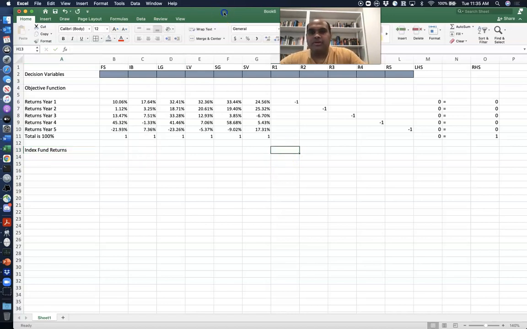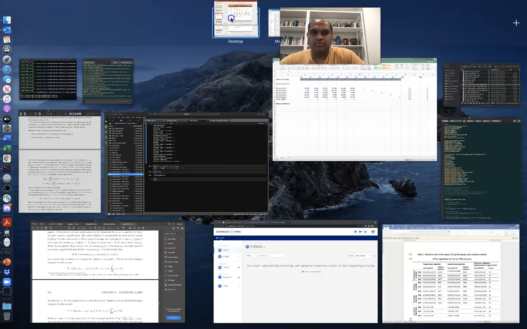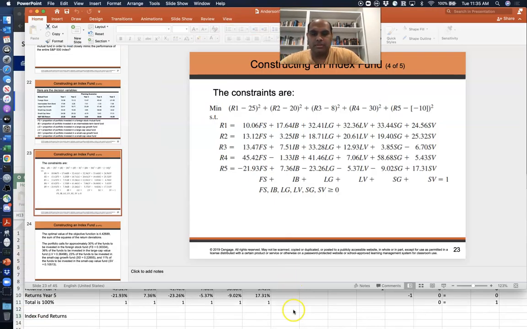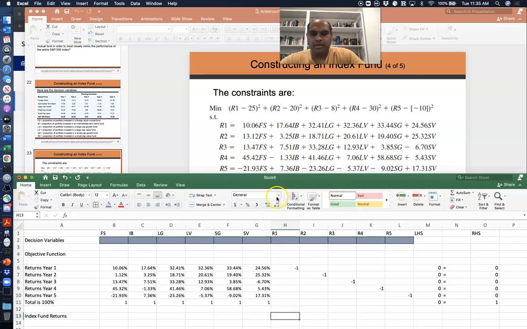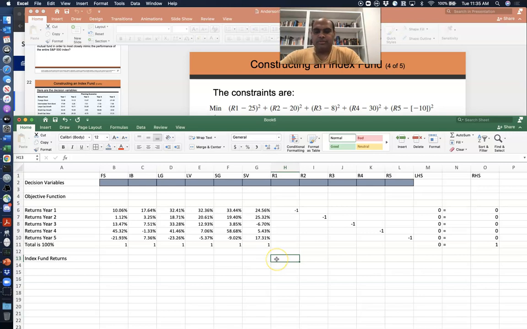So the index fund returns, that's the returns that you have. Sorry about that. There. So the index fund returns are 25%, 20%, 8%, 30%, and minus 10%.